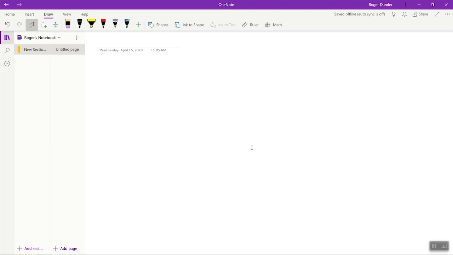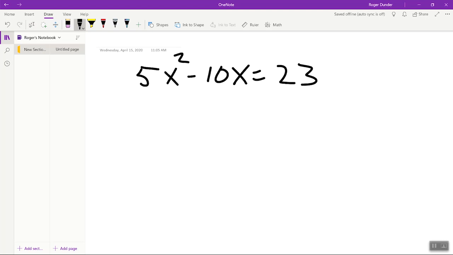So let's see if we can start another problem here and do one of those that's a little bit trickier. How about 5x squared minus 10x equals 23. Now in this problem, you need the coefficient of x squared to be 1.